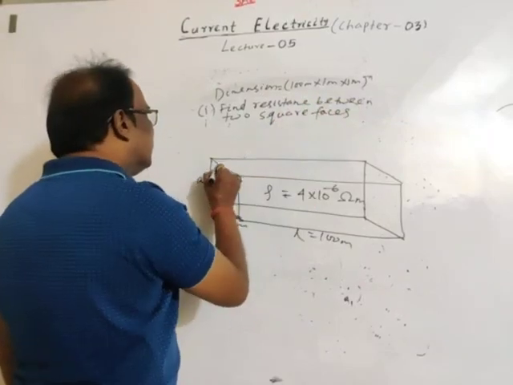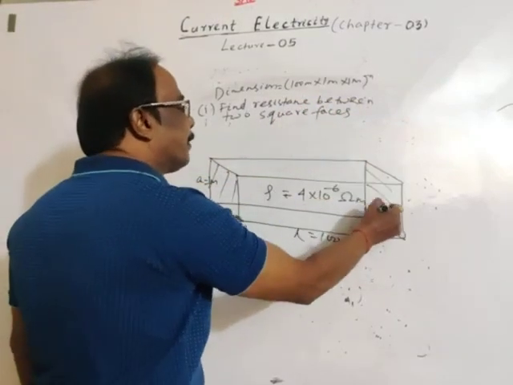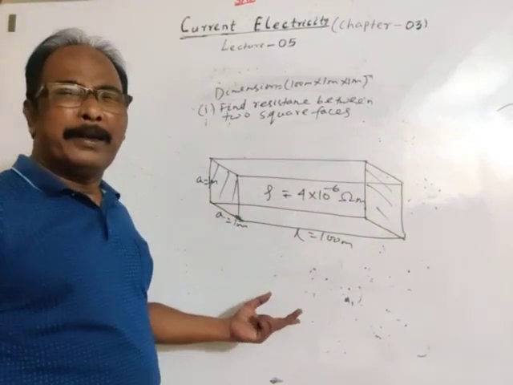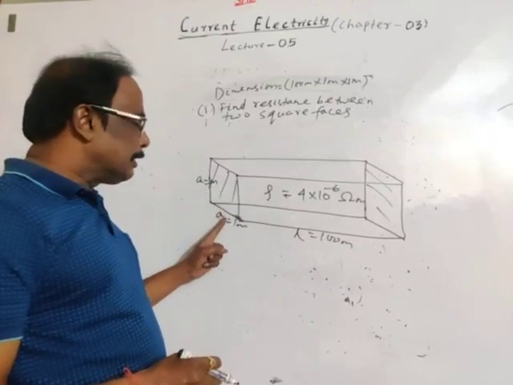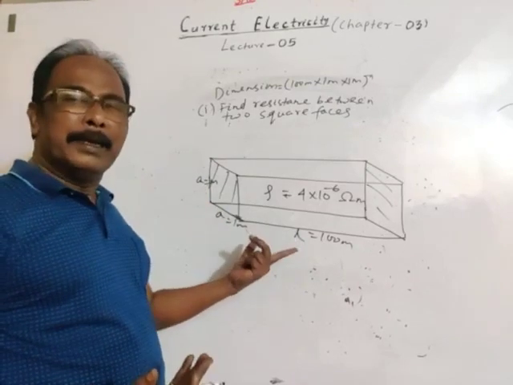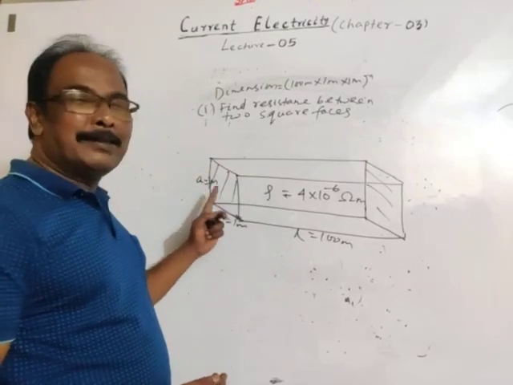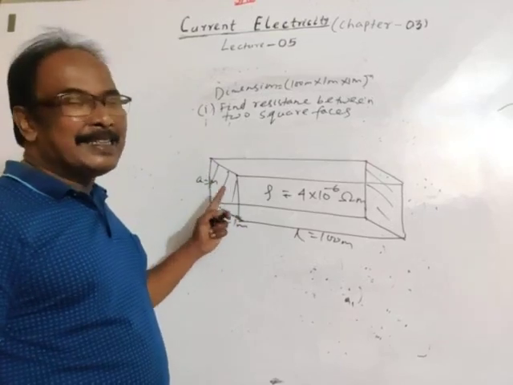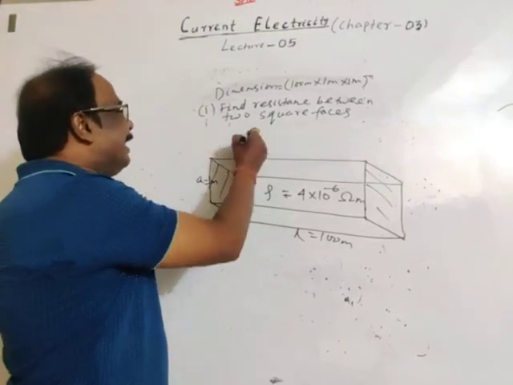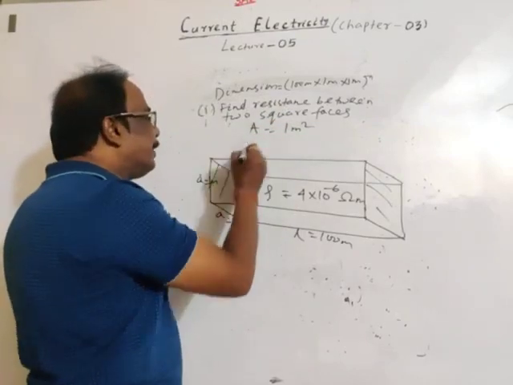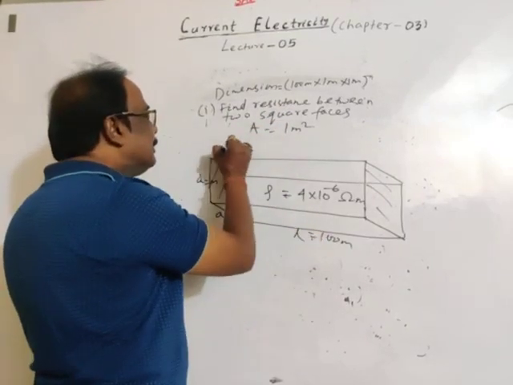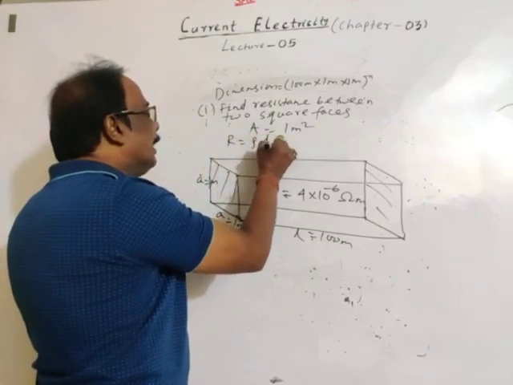This is a square face, this is a square face. Of course, we may take a rectangular face, doesn't matter. This is a, this is b, and this is L. So the area of cross-section is a into b. Here it's a square, so the area of cross-section is 1 meter square. Length is 100 meters. Then resistance is rho L by A.